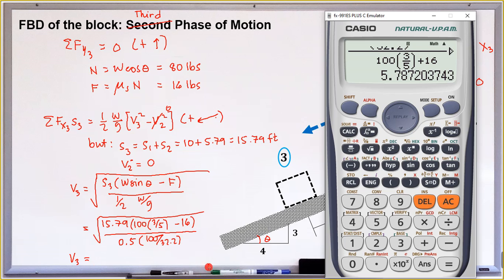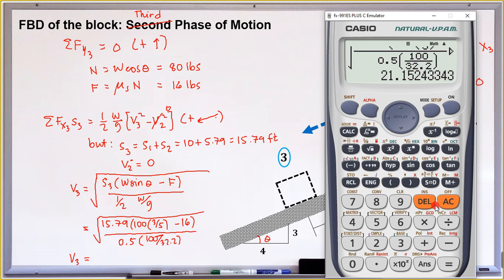so ato gamitan sa calculator. So we have square root 15.79 times 100 times 3/5 minus 16 divided by 0.5 times 100 divided by 32.2.